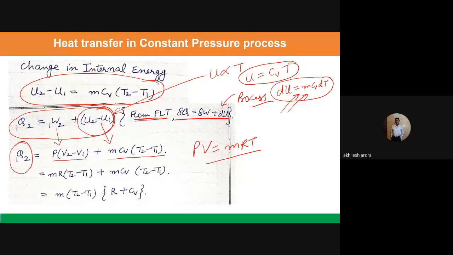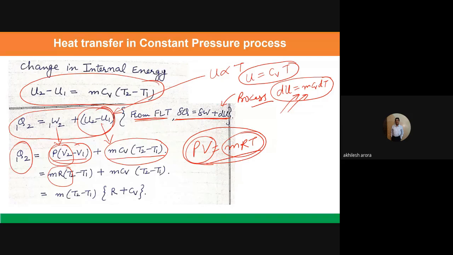So I can write work transfer as P(V2 minus V1) here, and change in internal energy as mCV(T2 minus T1). And you can see here it is PV is equal to mRT. So instead of PV I can write mRT. PV2 can be replaced by mRT2 and PV1 can be replaced by mRT1. So you can see now T2 minus T1 is here and T2 minus T1 is here also.